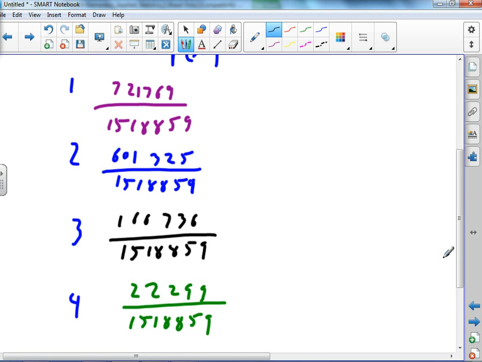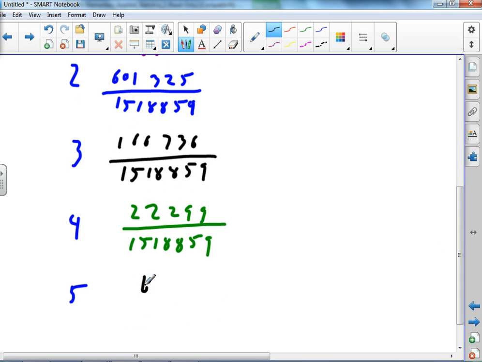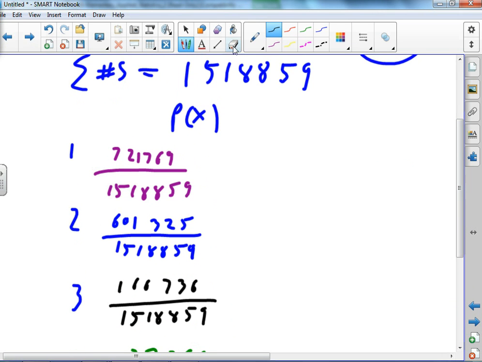And then 6,730 divided by 1,518,859. Okay, so that's what I'm going to do. And I'm going to call that the probability of X. Okay. There should be a way for me to store a number in my calculator, making it easier, but I can't think of what it is. 769.